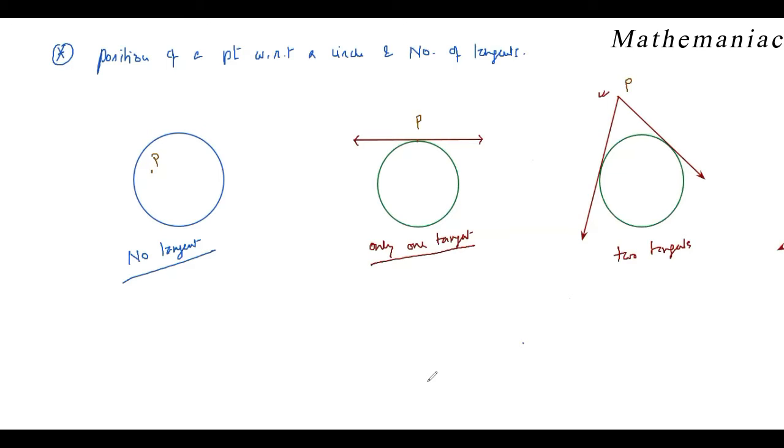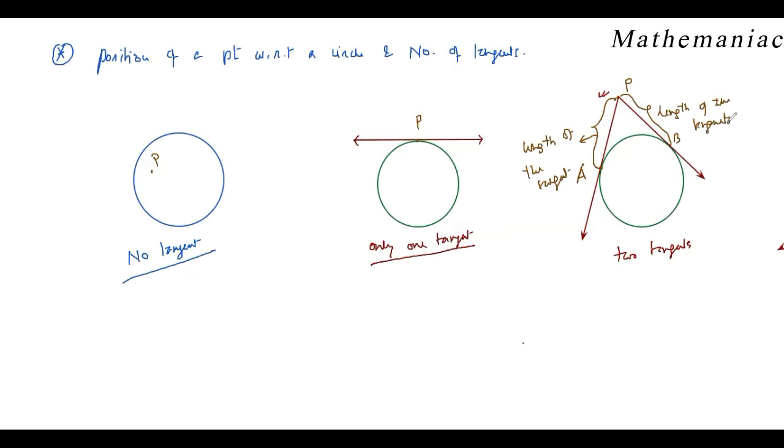Now, here I would like to explain one very, very important thing. Please observe that carefully. If I name the points of contact as A and B, then this length from the point of contact to the point P from where the tangent is drawn is known as the length of the tangent drawn from P. These two are known as the lengths of the tangents.